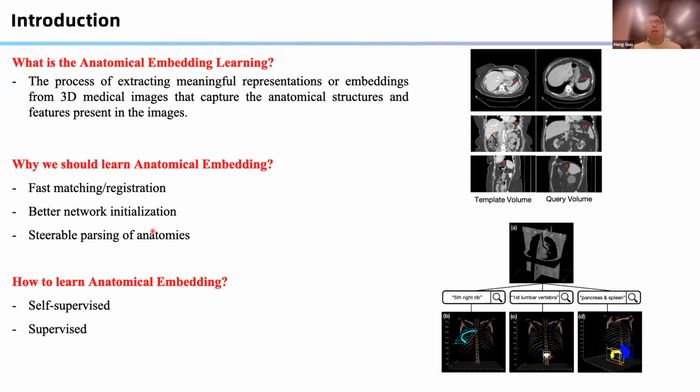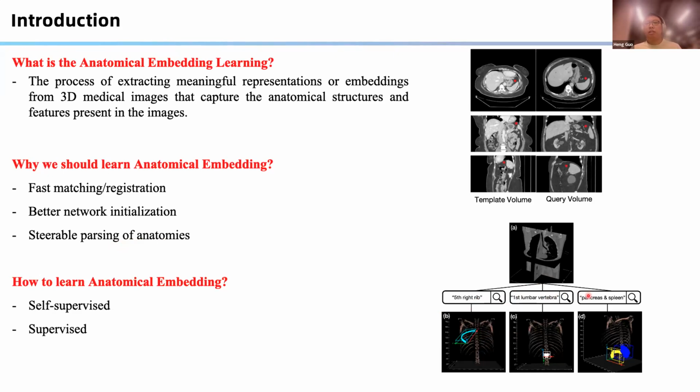The second application is to provide better initialization for networks, which will be discussed in detail in the next half of my talk. Another application is steerable parsing of anatomies, as shown in this figure. We can directly retrieve the anatomic structures of interest from the image, for example, fifth right rib, first lumbar vertebra, or simultaneously parsing pancreas and spleen.